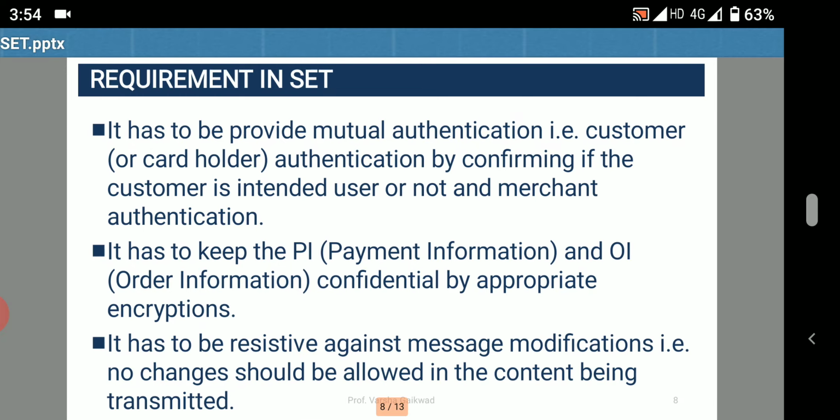It has to keep the PI, payment information, and OI, order information, confidential by appropriate encryption. What is that? That means it should not get hacked by hackers, and it should be for security purposes. It has to be resistive against message modification, that is, no changes should be allowed in the content being transmitted.